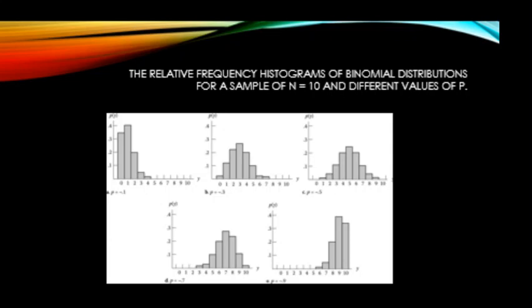N is 10, that means there are 10 Bernoulli trials, and we have different values of p, the probability of success. This is when probability of success is 0.1. This is probability of success 0.3. Probability of success 0.5, it's almost similar to a normal distribution in this case. Here we have a probability of 0.7, and this is probability of 0.9. So these are the various shapes of the distribution for a binomial variable.